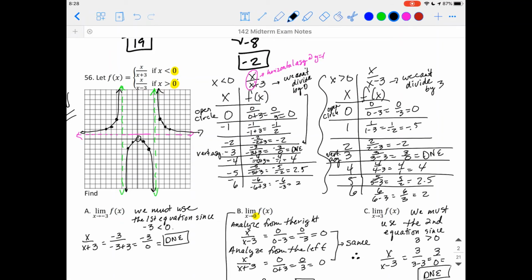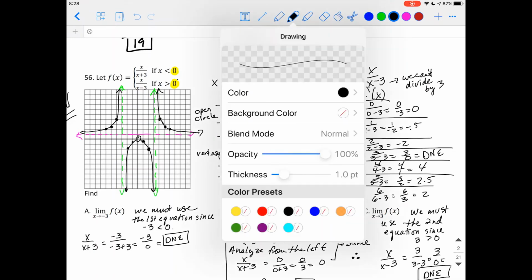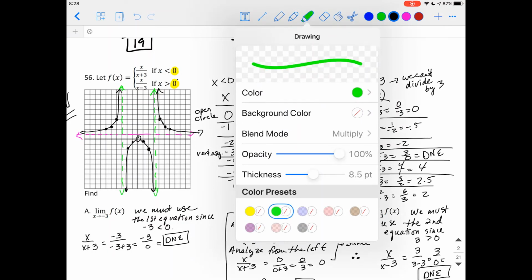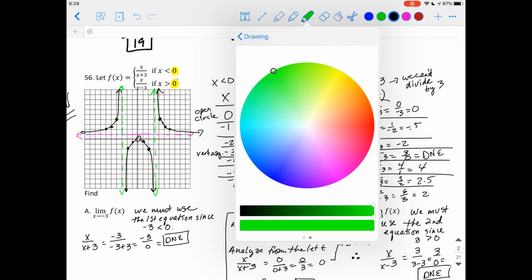So let's see. I'm going to do part A here. The limit of the function f of x as x approaches negative 3. I want to use the same colors that I did before in the highlighting and see if I can find them. Nope, doesn't want to let me.